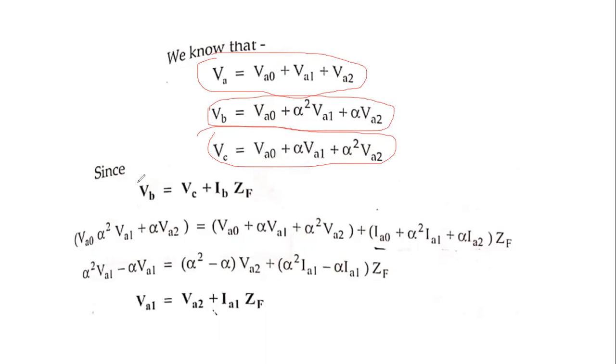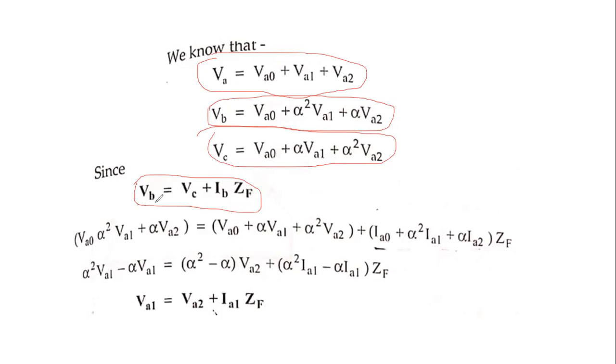Next, we know the formula: when the fault impedance is connected between the B and C phases, VB is equal to VC plus IB into ZF. Therefore, we substitute these formulas in this equation.